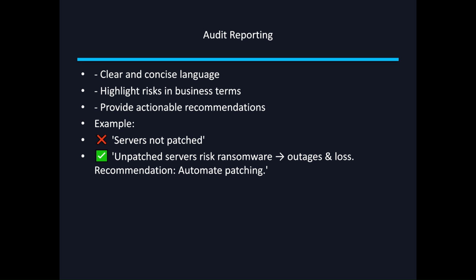So the recommendation would be to implement automated patch management within 30 days. Exam tip for you guys: always tie findings to business risk. CISA is not purely technical details. It's about how IT risks affect the business.